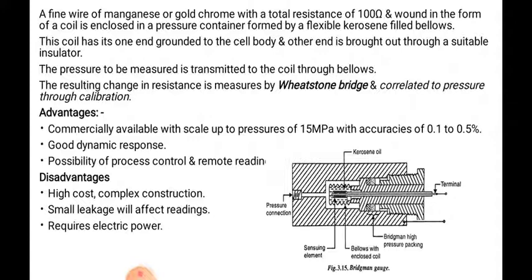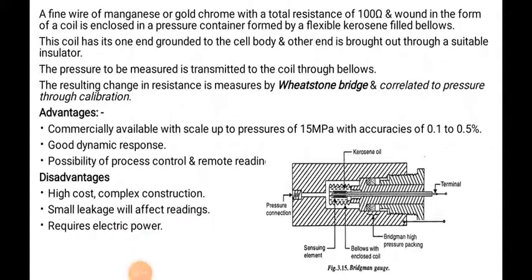Advantages: it is commercially available with a scale up to a pressure of 15 megapascal with accuracies of 0.1 to 0.5%, good dynamic response, and possibility of process control and remote reading. Disadvantages are high cost, complex construction, small leakage which will affect the reading, and it requires electric power.